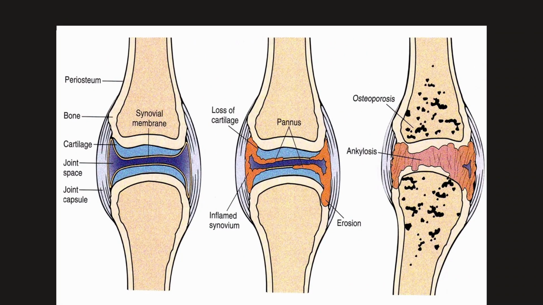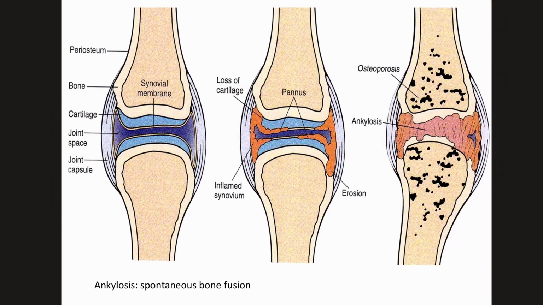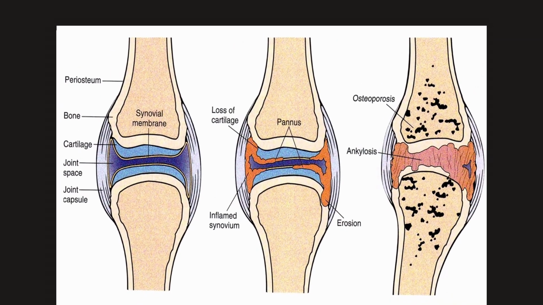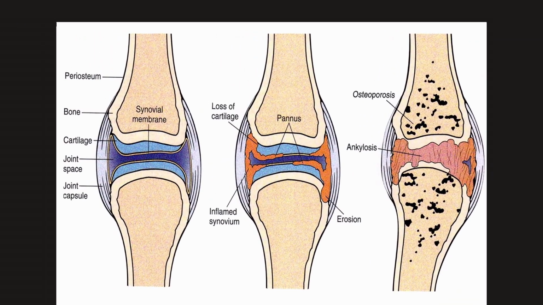So you can see here in this picture, we get loss of cartilage as we go through. This is our normal. Then we get the pannus formation. And then finally at the end, it's called ankylosis. Whenever you see ankylosis, it means the joint has fused. This joint, when it fuses like that with ankylosis, will not work very well.